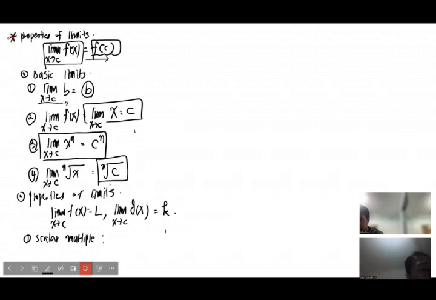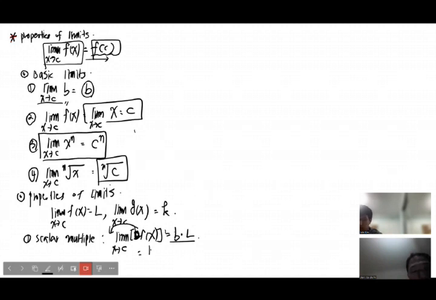If the function f(x) is multiplied by a constant scalar number b in the limit, and that goes to c, then that should be b times L, because b can be taken out of this limit first.